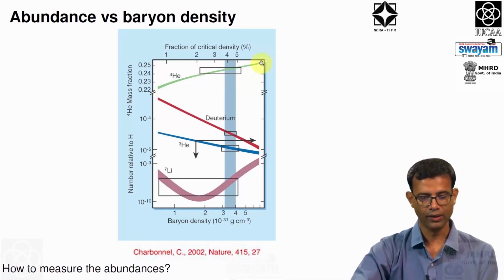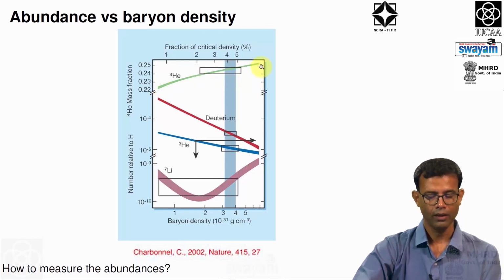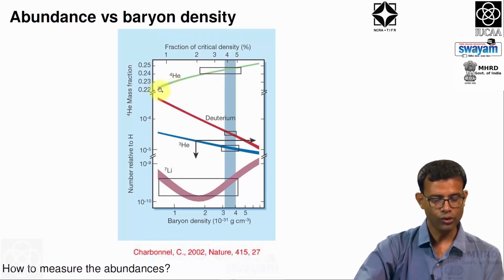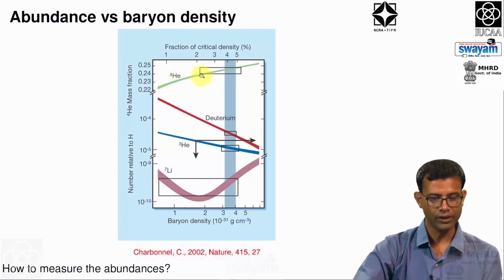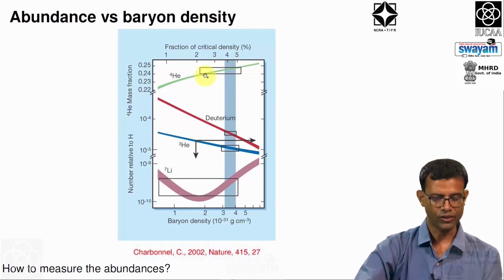Okay. So, that is something which we can learn from the helium abundance. In terms of fraction of critical density, which is nothing but the omega, it tells you that to explain the observations of helium, we need omega baryon to be somewhere between, let us say, 2% to somewhere around 5%. Okay. Fine, that is from helium.